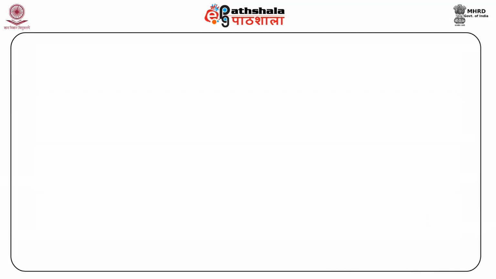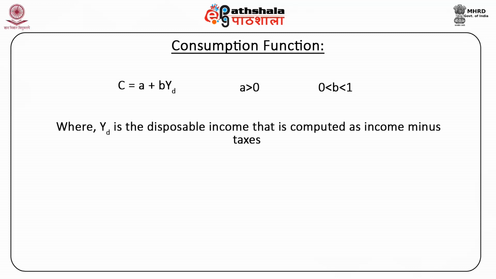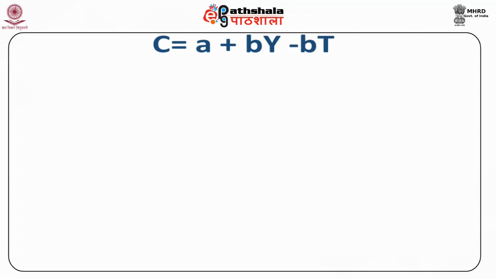In such a case, the consumption function can be expressed as C = A + B YD, A greater than 0, B between 0 and 1, where YD is the disposable income that is computed as income minus taxes. C = A + B(Y - T). C = A + BY - BT.